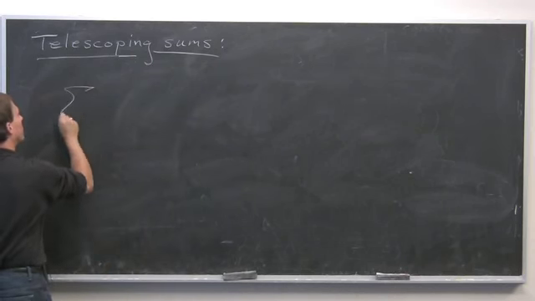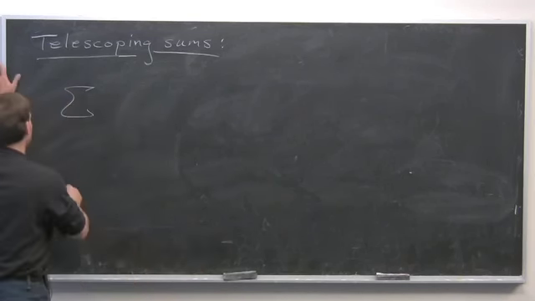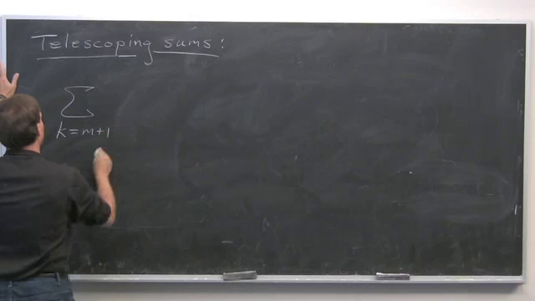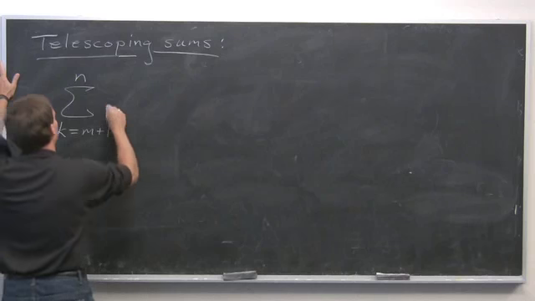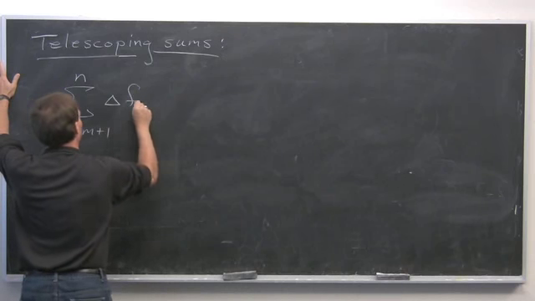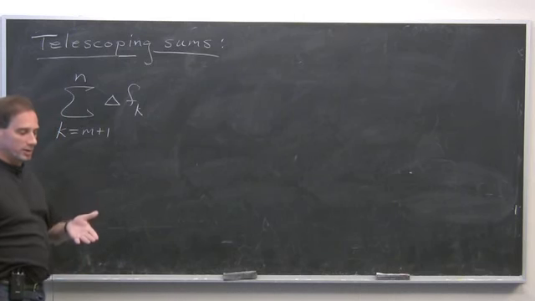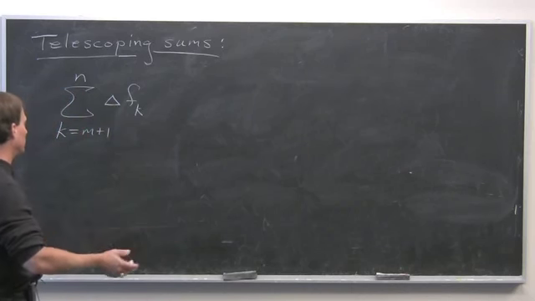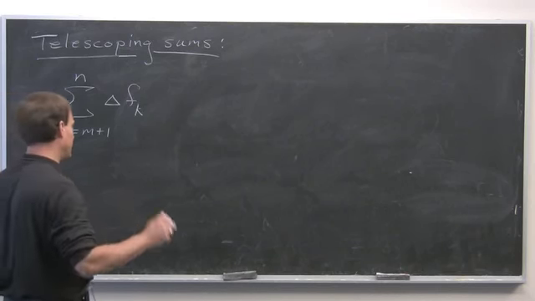So, what happens if you combine taking finite differences with taking summations? Let's take the sum as k goes from m plus 1 to n of delta of f sub k. Now, I could do this with an example, but it's easy to write out what happens generally, as long as you're okay with some dots.